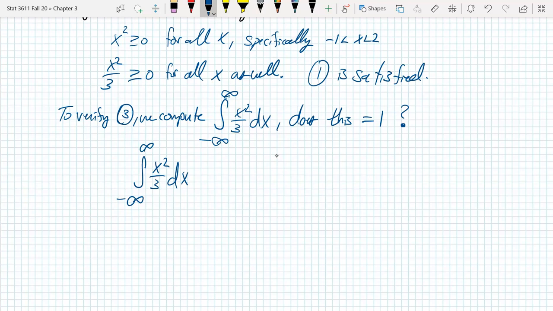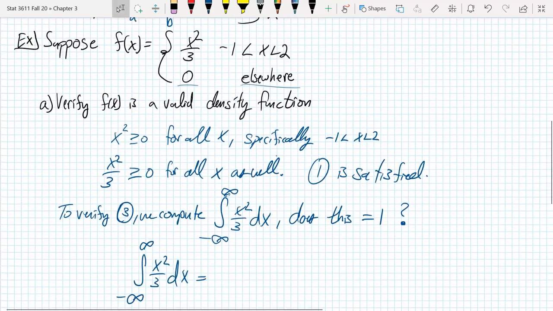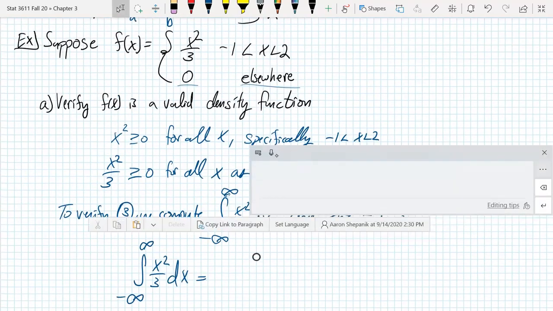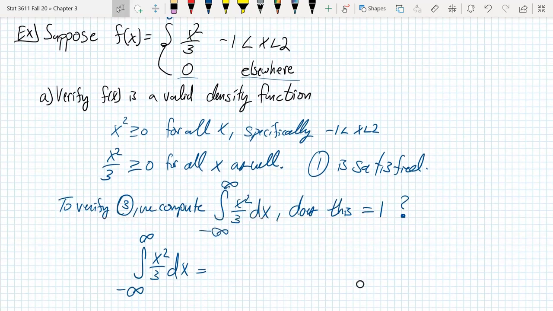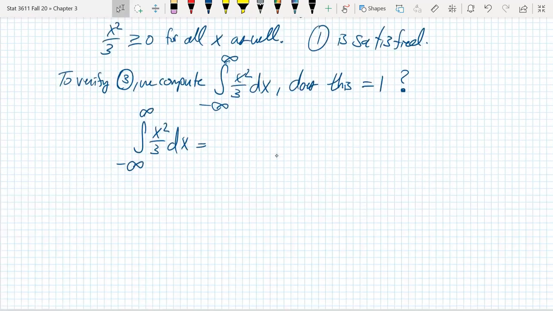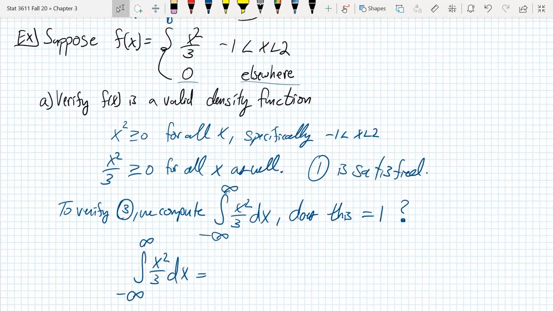Now, while this looks like an improper integral, we don't need to worry about it too much because this PDF only takes on the value x squared over 3 when we're between -1 and 2. It is 0 everywhere else, right?